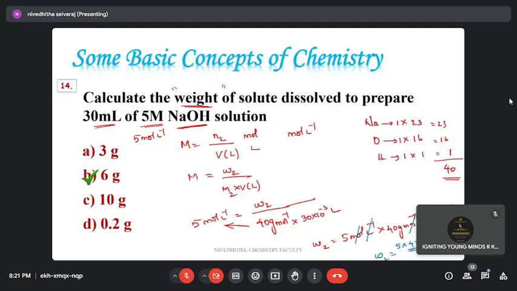So what is the formula to calculate molality? Molality is equal to the number of moles of solute divided by the weight of the solvent in kilogram, and the number of moles can be written as the weight of the solute divided by the molar mass of the solute, into W1 in kilogram. On the left side they have given the molality as 5. And what is the unit of molality?